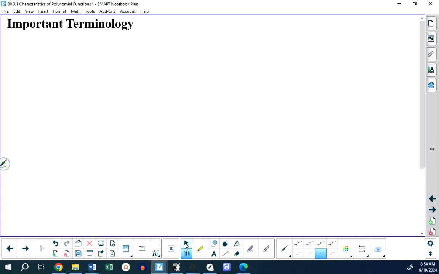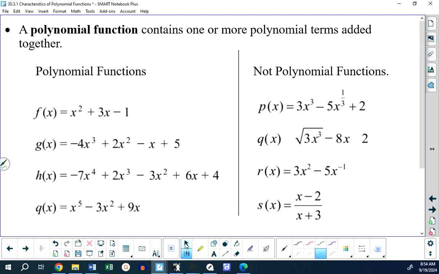And if I go back and look at these examples I've given you, these are all written in descending order of degree. What I mean is the degree on f of x starts with a term of degree 2, then degree 1, then degree 0. Degree 3, 2, 1, 0. Degree 4, 3, 2, 1, 0. Degree 5, 2, 1. That's what descending order of degree means. The highest degree comes first.